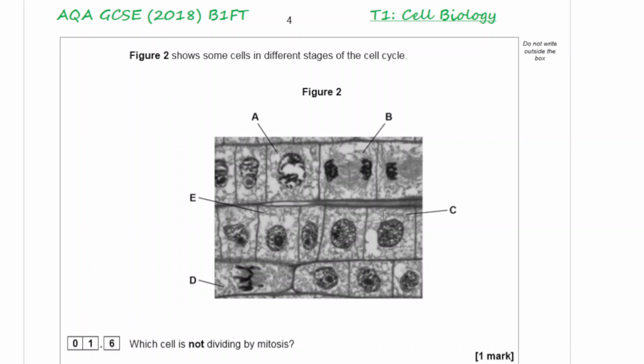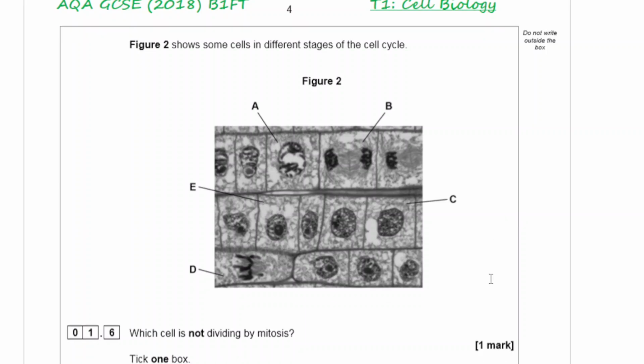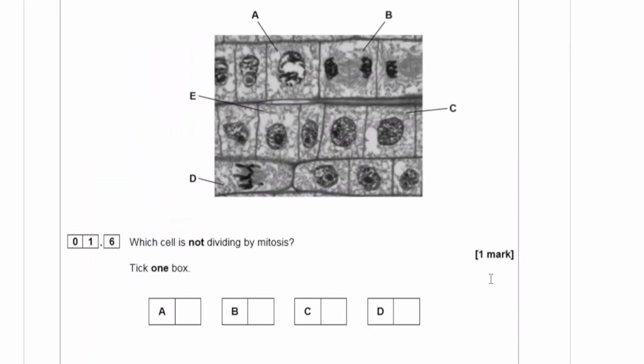Figure 2 shows some cells in different stages of the cell cycle. So you have cells labeled here A, B, C, D, and E. In which cell is the cell not dividing by mitosis? Now, here you can see the chromosomes clearly. See these dark patterns, those are actually the chromosomes.